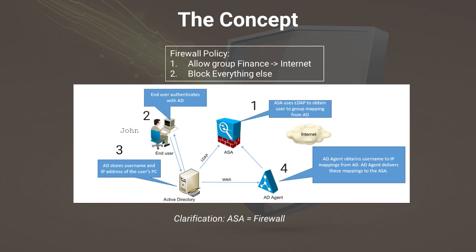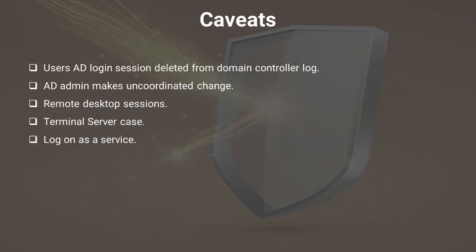So if you are using user identity mapping, please let your Active Directory or domain controller administrators know that when they are doing something with logs, it might affect network connectivity.